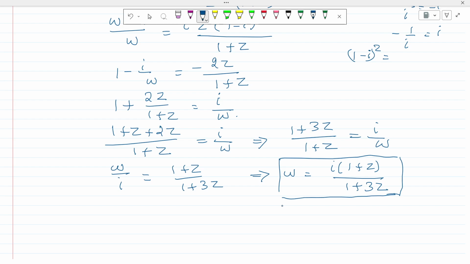That is a bilinear transformation. Okay, in case they are asking for the invariant point of the transformation, then substitute W equal to Z here, then solve this equation, then the values of Z are the invariant points or fixed points. Okay, fine. That is the first problem.